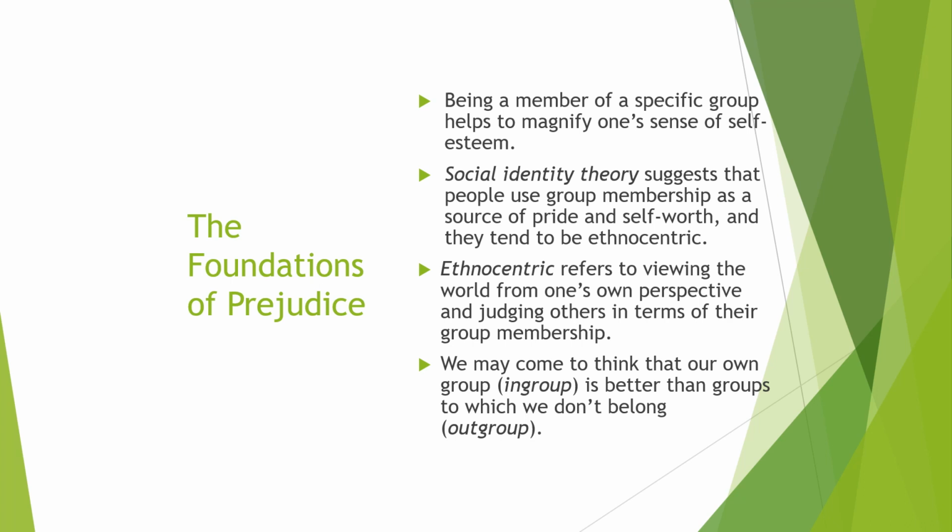So we come to think that our own group, which is the in-group, is better than groups to which we don't belong. That's the out-group. And that's how a lot of this starts. You think that your group is the best because it's a part of your group, and anyone who's not in your group is part of the out-group, and they're not as good.